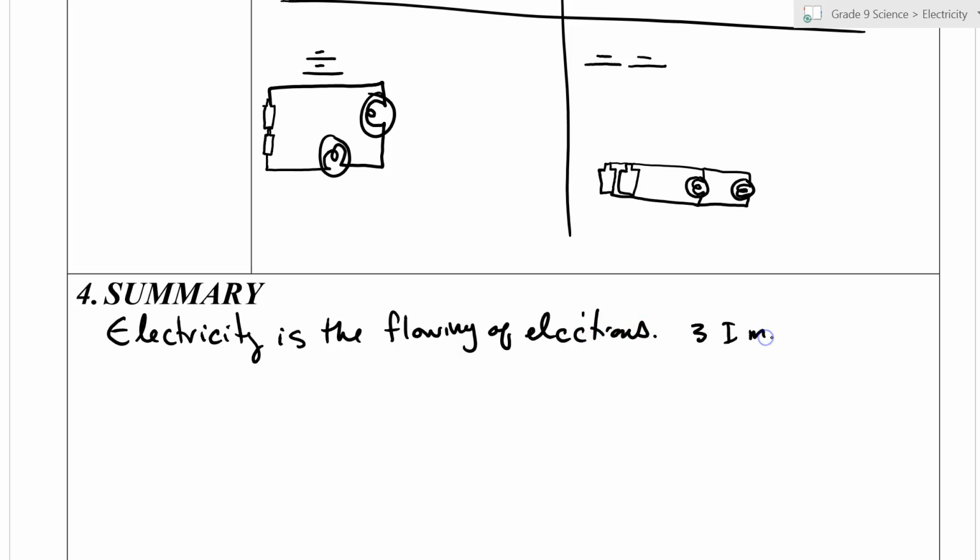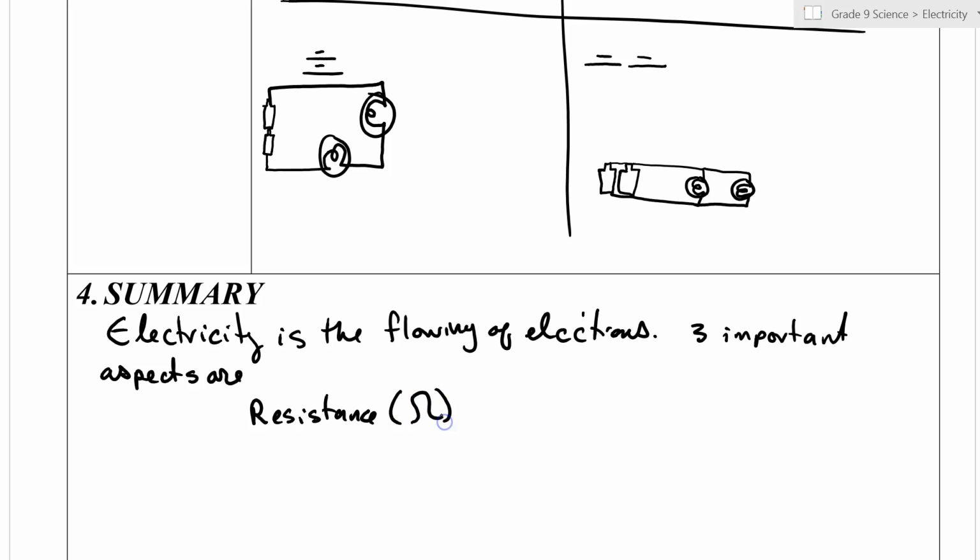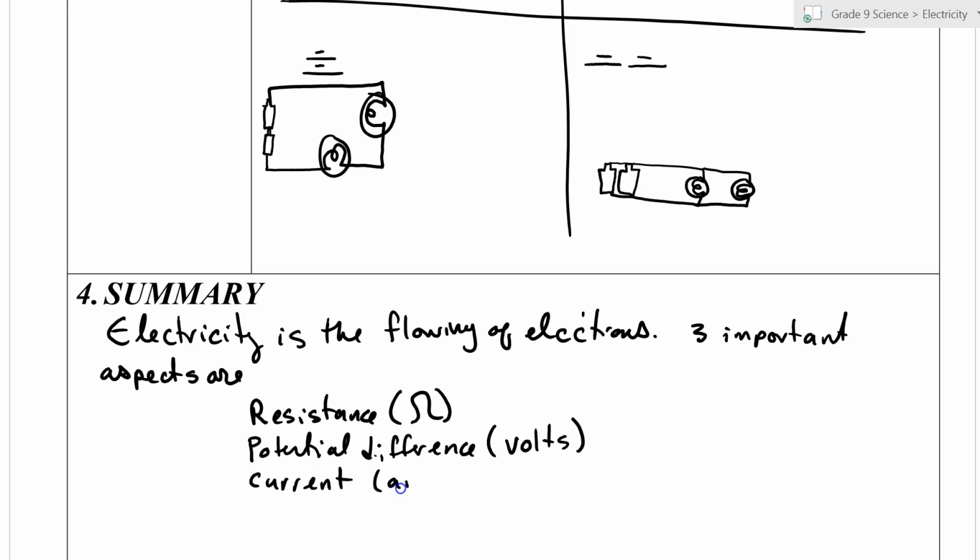Three important aspects are resistance, which is measured in ohms, potential difference, which is measured in volts, and the current, which is measured in amps.